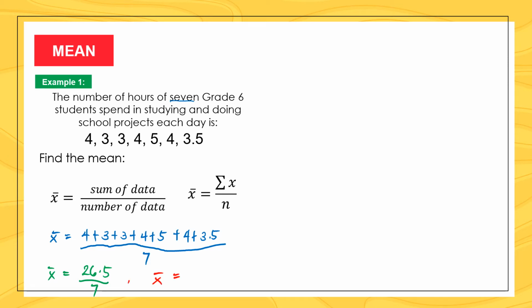So the mean for the number of hours spent by the grade 6 students is approximately 3.79. Take note to round off the answer to 2 decimal places, that's my rule in my math class. You may use your calculator, by the way.